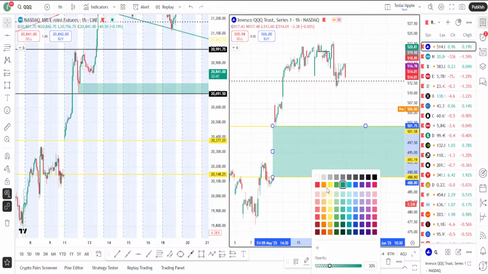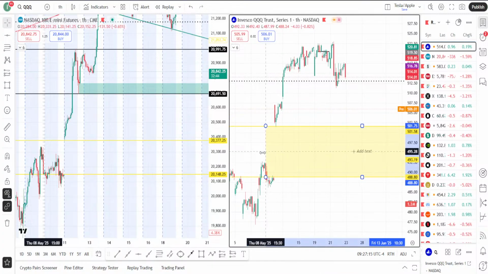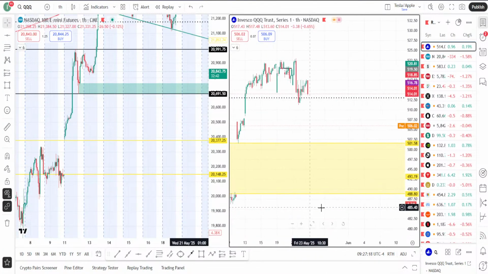Okay, so we know that gaps like to fill, which is why it's important for us to have this on the chart.